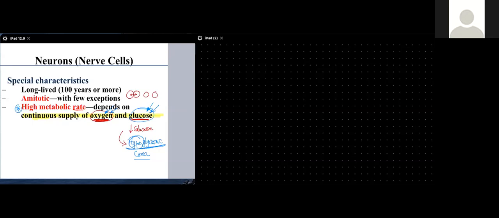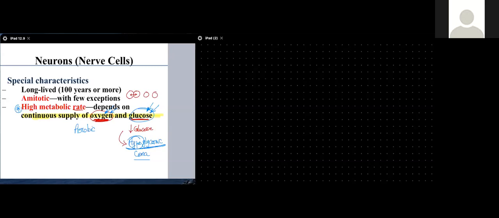Yeah, more specific than glycolysis. Aerobic glycolysis. Aerobic glycolysis, exactly. Because glycolysis might take place in the presence of oxygen and in the absence of oxygen. We call the one that takes place in the absence of oxygen anaerobic glycolysis. And the one that takes place in the presence of oxygen is the aerobic glycolysis.